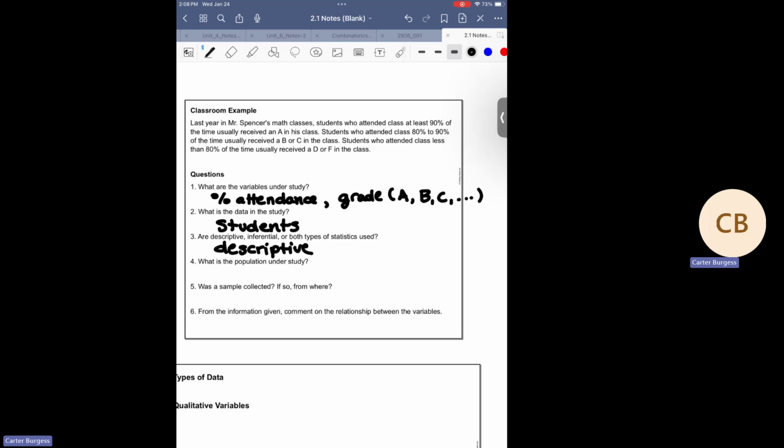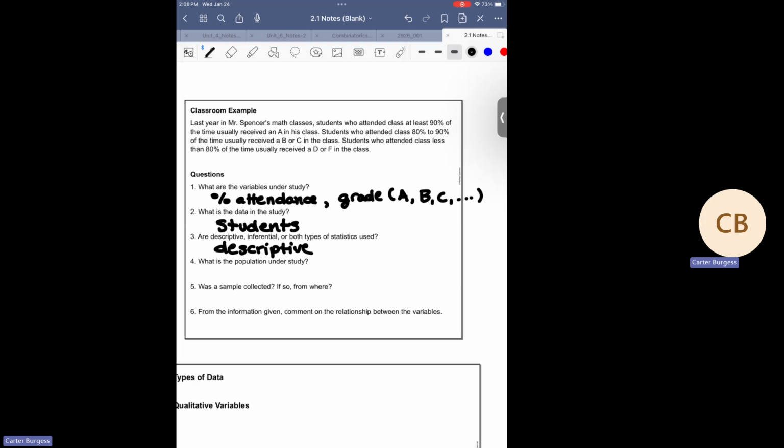Now, if this is purely descriptive, if we're not trying to use this to make any kind of claims about anything, then what is the population that this data is describing? The students where? Is it in the school or is it in the class? In the class. And what would we be saying if it were in the school instead of a population?